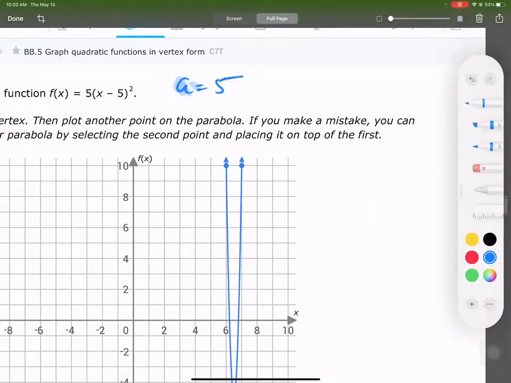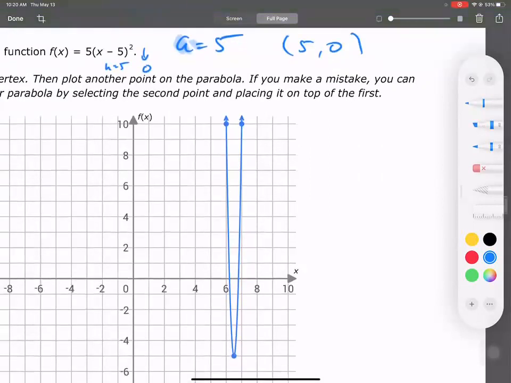Okay, got it. And then my H and K, my vertex is at 5, 0, because H is 5 and we have no K, so it's going to be 0 for us. So this graph is going to be at 5, 0. Here's 5, 0 with an A value of +5. One step over, 1, 2, 3, 4, 5. That's my parabola.